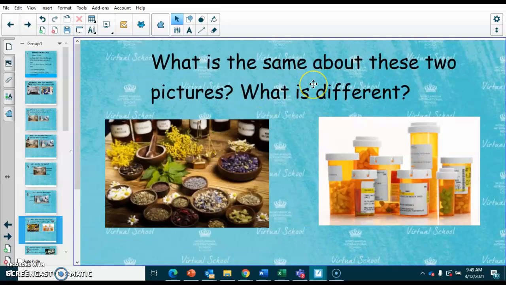Then we had a discussion about how medicines have changed. I know we've looked at this in the lesson, so what's the same about these two pictures? And we discussed how these are more things like plants. You've got the pestle and mortar there to grind up all of these to give to the patient. As I say, a lot of them are herbs, plants.